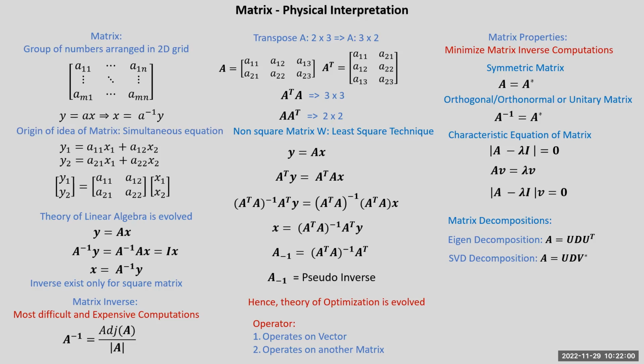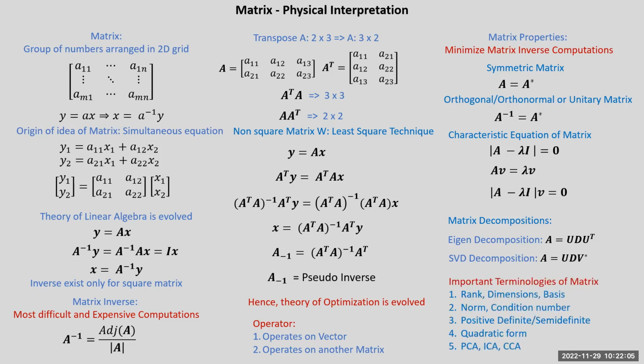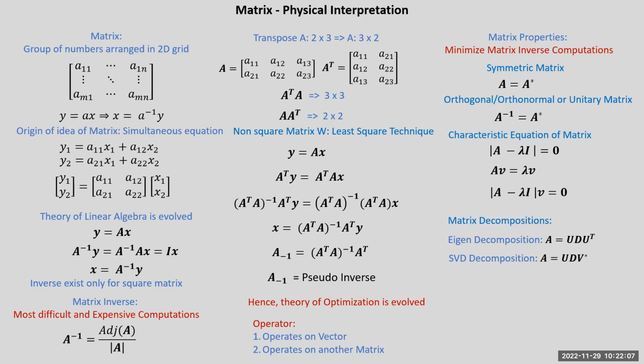If A is not a square matrix, then there is another decomposition technique called singular value decomposition, where A is decomposed into three matrices, where U and V are two unitary matrices while D is a diagonal matrix.